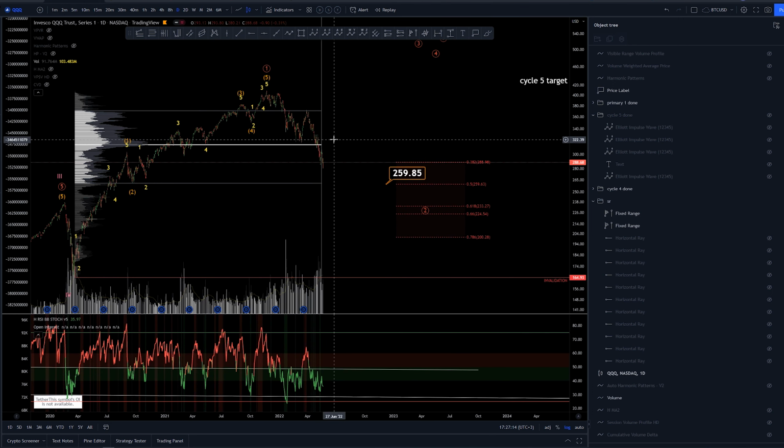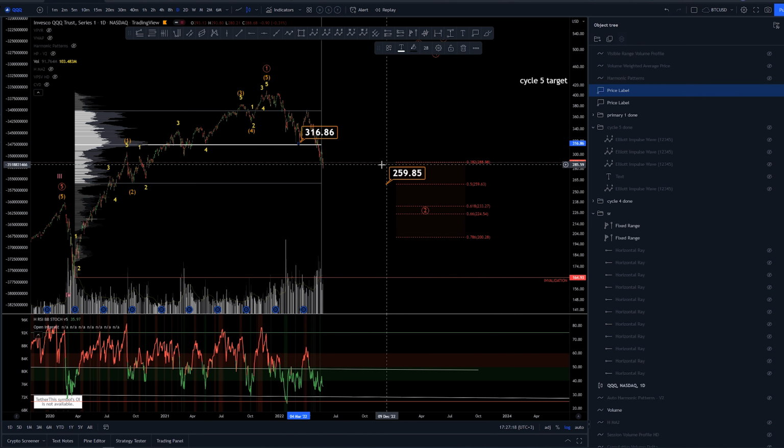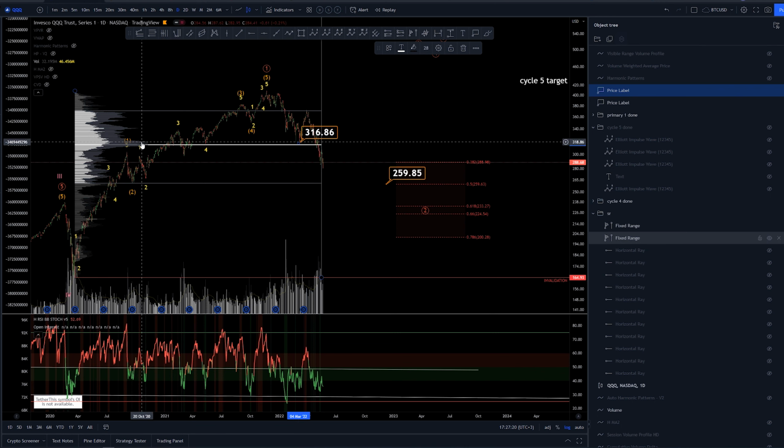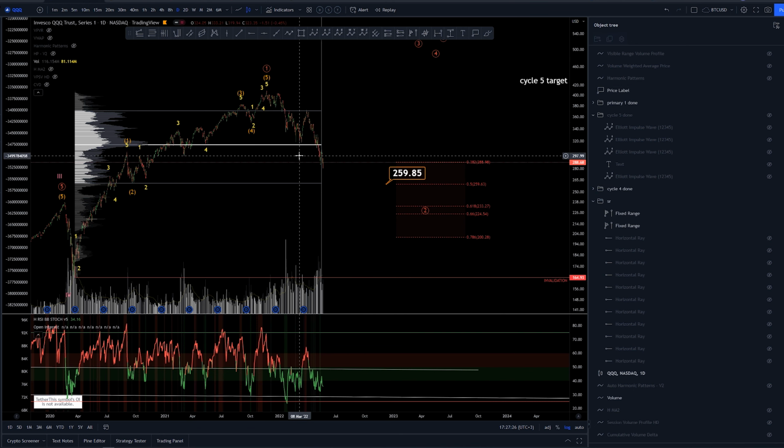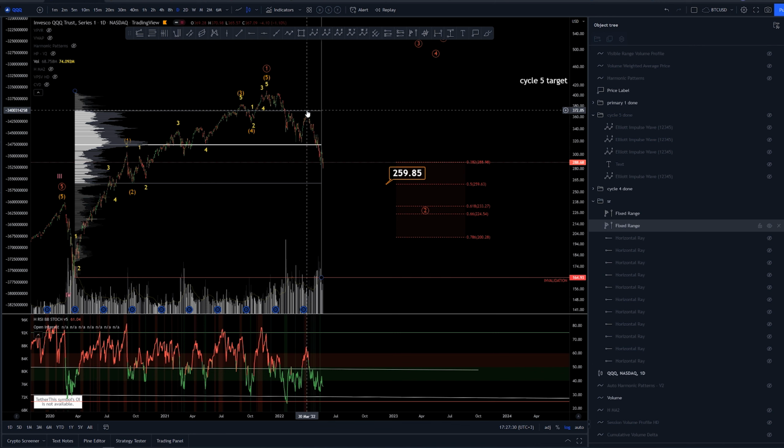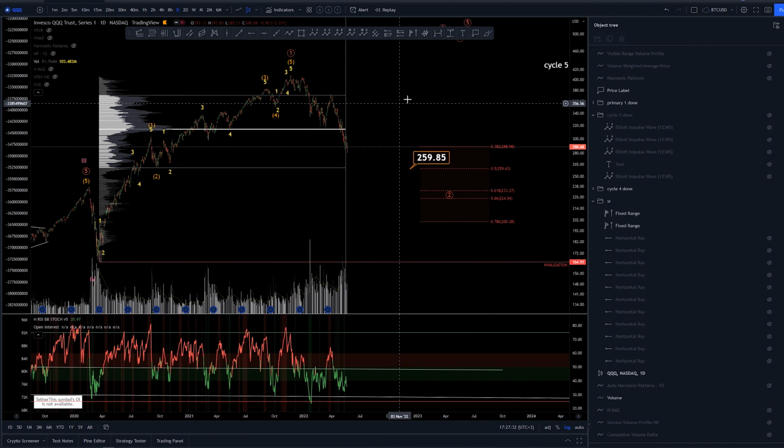Elsewhere, the point of control acted as a support as you would expect. Good amount of volume here as well as some structural support here coming in, so there's no surprise. Range value area high, however, was acting as a resistance and dumped us downwards.